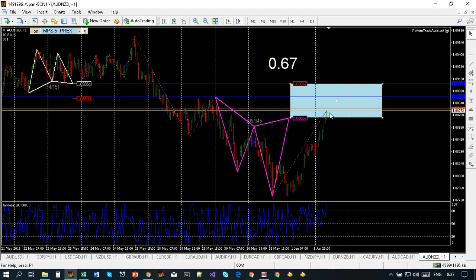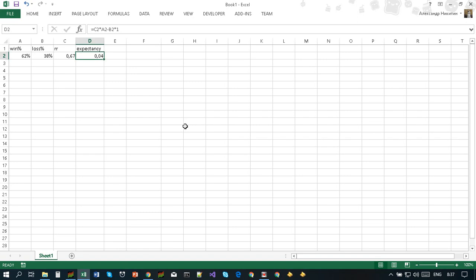And this approach is filtering those losses that go straight through the zone. This approach gives you better risk to reward and a higher probability of a reversal.